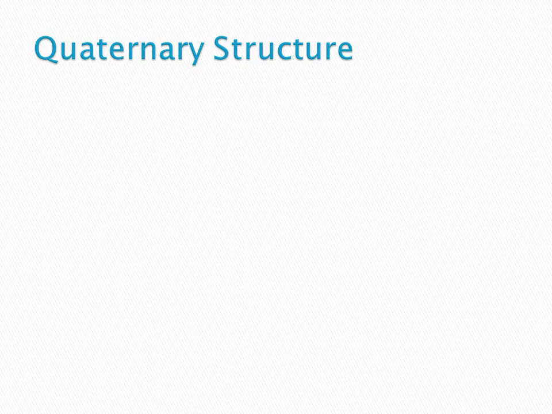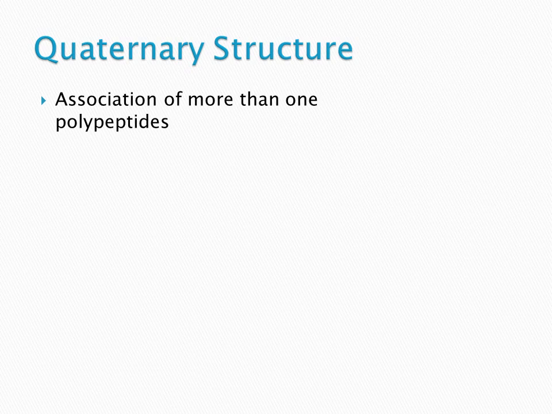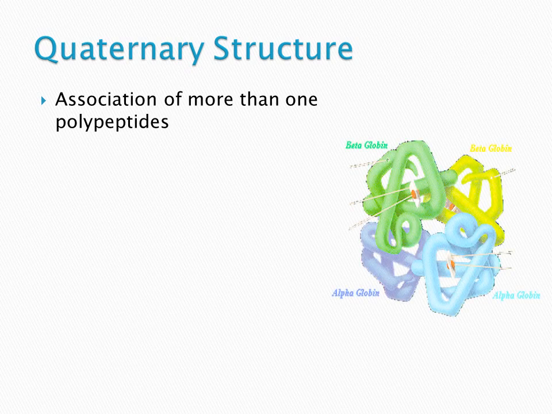Quaternary structure, or four-level structure of protein, is the association of more than one polypeptide. For example, hemoglobin contains 4 polypeptides. Association of these 4 polypeptides forms quaternary structure.